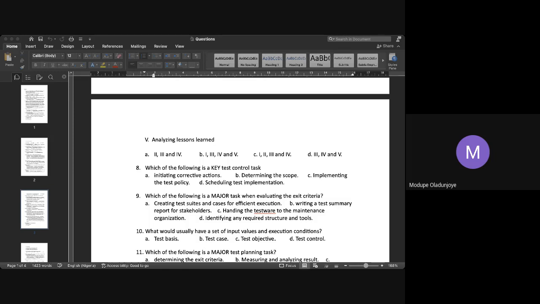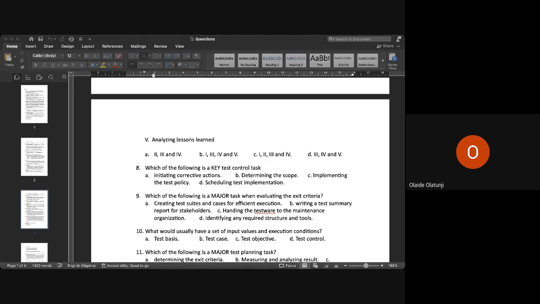I think test control describes the process, scheduling test implementation, the procedures in a test and carrying out the test. If you remember correctly, I said test monitoring and control is more or less, just as the name implies, a way to monitor the test project.